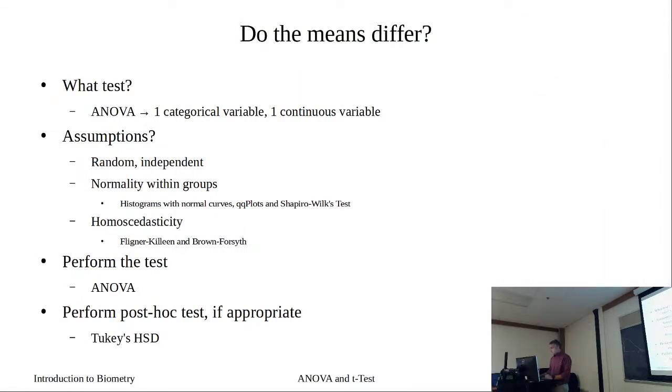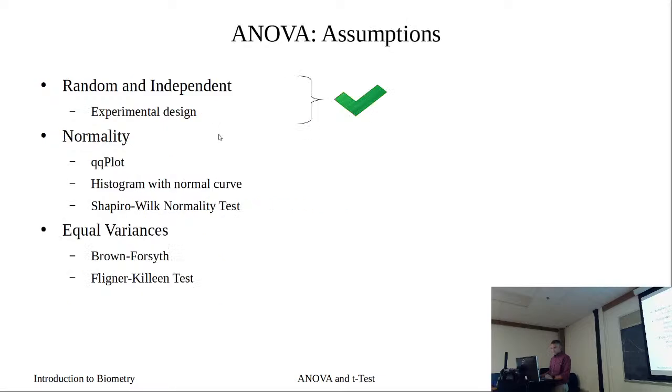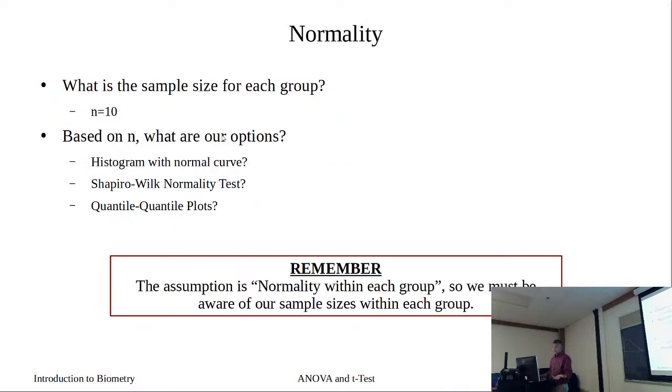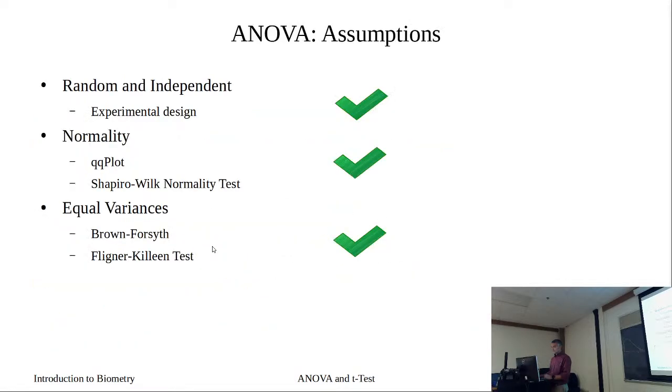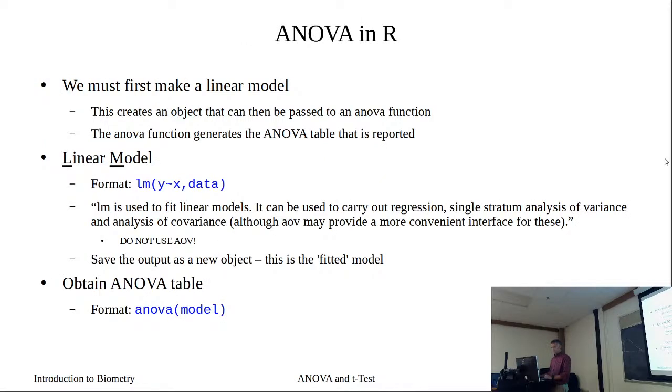All right, so a couple things before we break. We didn't talk about subsets. We will get to subsets. No big deal. We didn't do the Fligner-Killeen test because our assumptions are met.